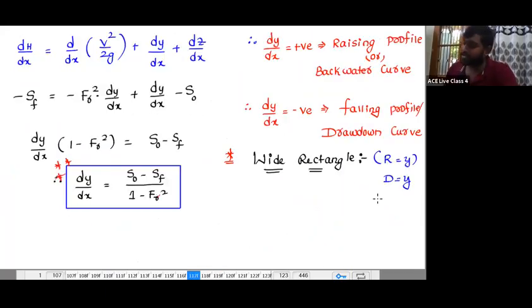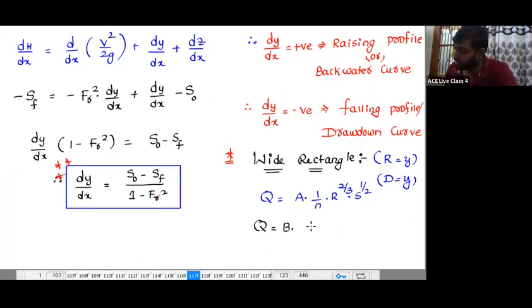Now, let's see this. In the case of a wide rectangular channel, you know that Q is nothing but area into velocity, 1 by n into R to the power of 2/3 into S to the power of 1 by 2. Now, just substitute the R value. So Q is nothing but B into 1 by n into y to the power of 2/3 into S to the power of 1 by 2. Let's take the B to the other side.